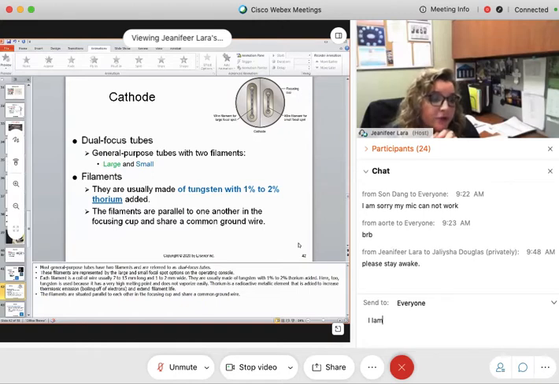They're constructed mostly of tungsten with a mixture of thorium.